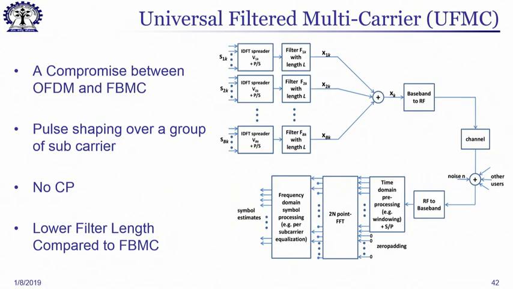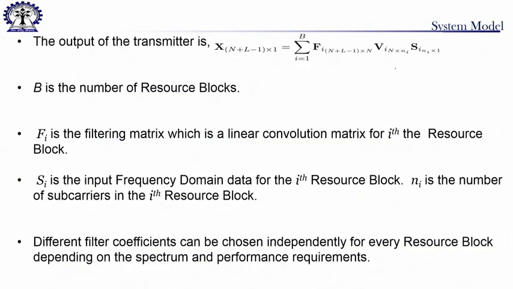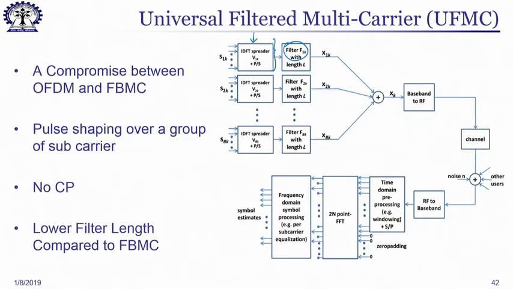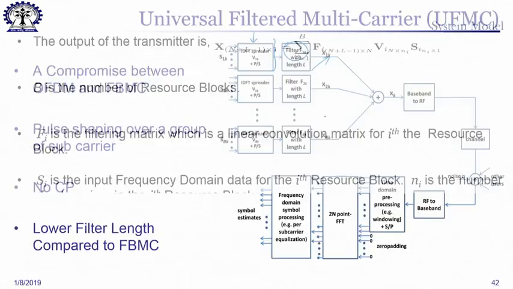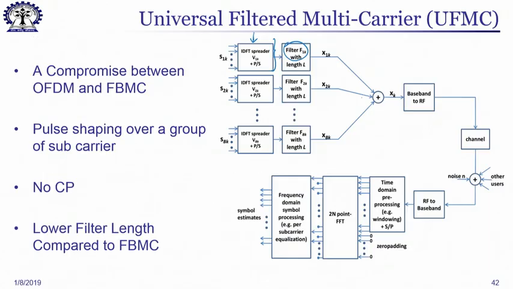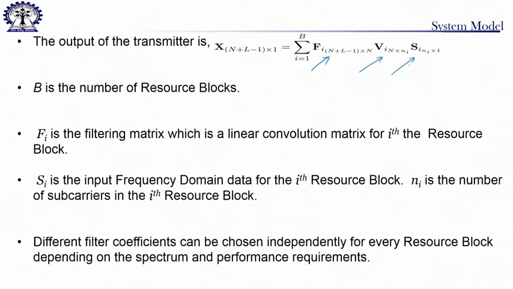So in the last discussion, we had presented the generalized structure for UFMC, where we had said that there is an initial DFT block and groups of subcarriers are filtered. If we look at the notations which have been carried forward, there is the filtering which is reflected over here, the IDFT operation which is over here, and S are the data vectors.